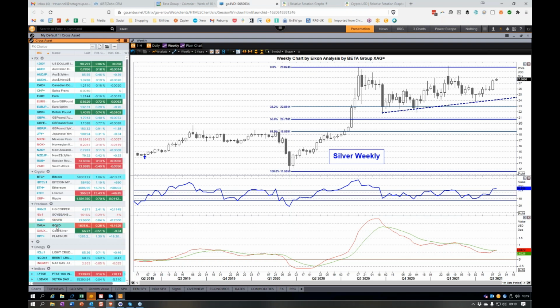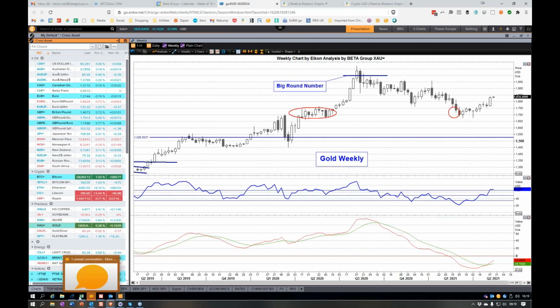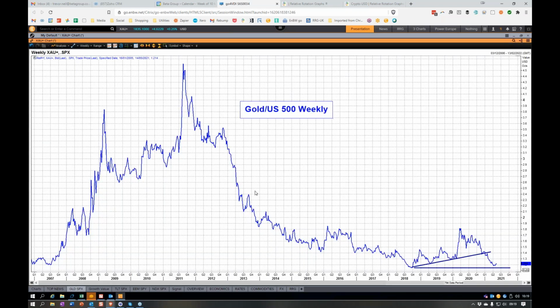Just going back on the subject of gold versus the S&P now. So this is, are you better off in gold than the S&P? And the answer to that is no. And this is looking very threatening. This is coming down here. This is gold underperforming the US stock market and threatening this 2018 low here.